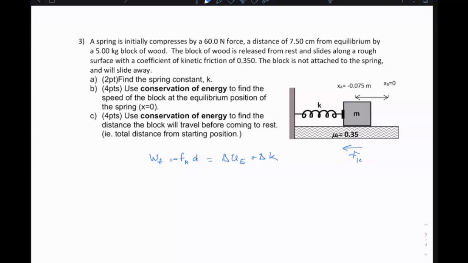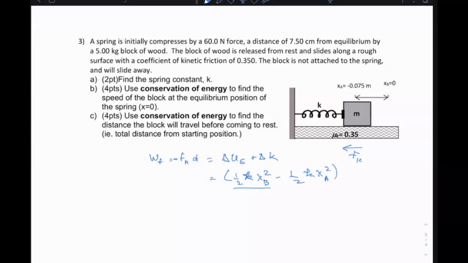And the second thing I want to point out is that the change in the spring potential energy is equal to 1/2 k x final, which in this case is x_B, squared, minus 1/2 k x_A squared.